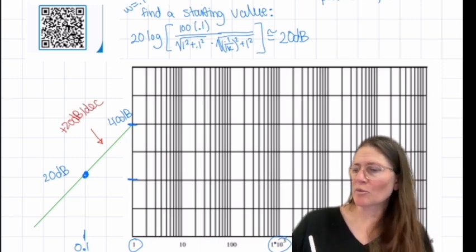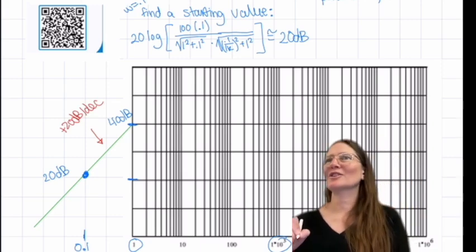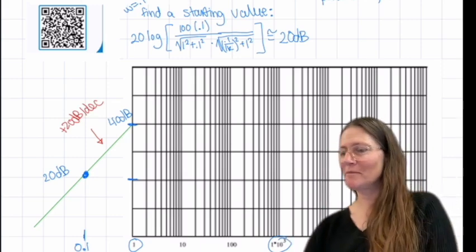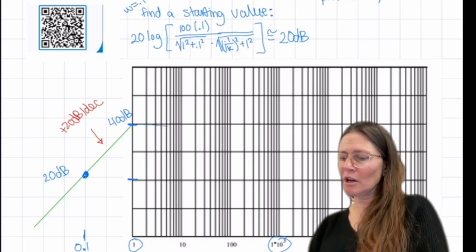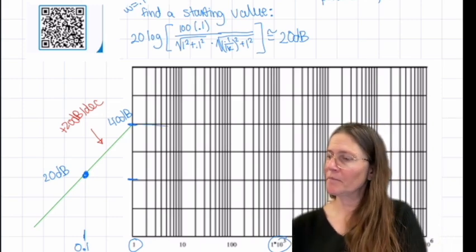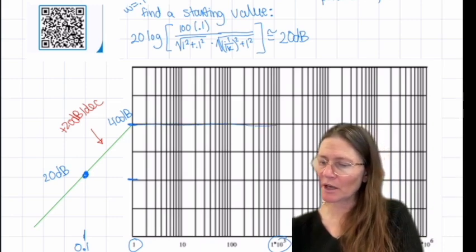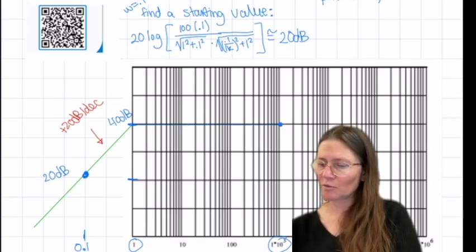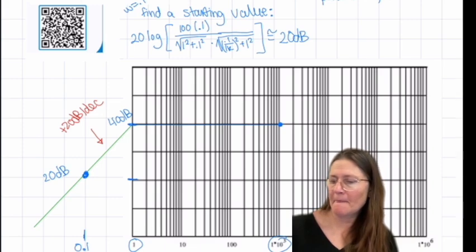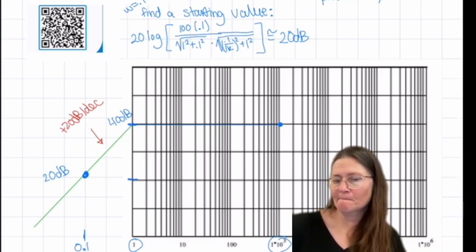What happens at 1? Correct, it goes flat. Good job. Because it will add on the slope with the first pole, which would be a minus 20 dB. And then what happens at 1K? Correct.